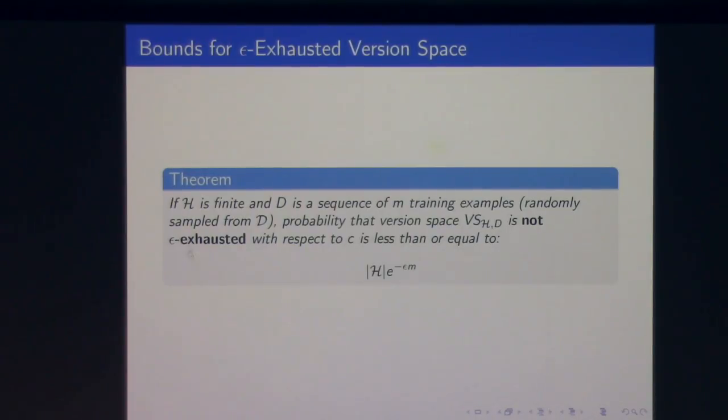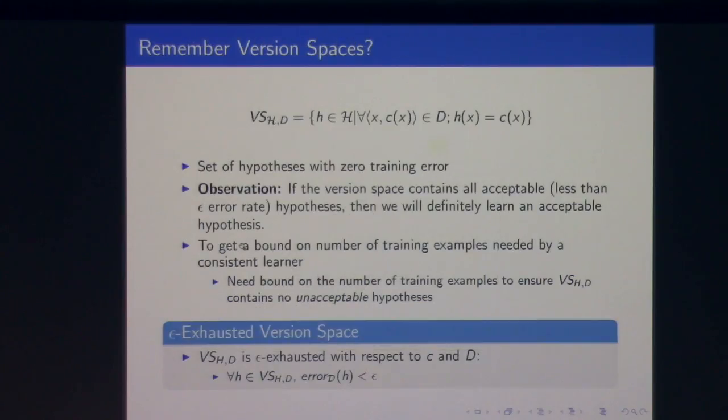But the idea is that if you have some hypothesis space H, right, and you want to find the probability that the version space is not epsilon exhausted. What does that mean? A version space is epsilon exhausted if every hypothesis in the version space makes less than epsilon error. Now remember, what is the definition of a version space?